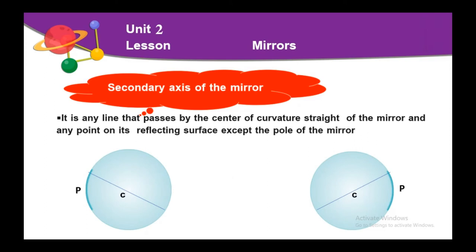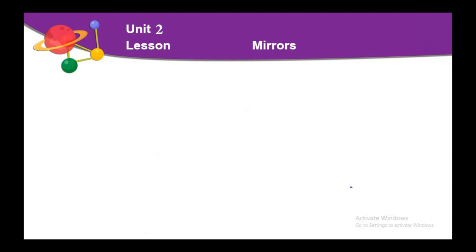Why? Because when it passes through the pole, it becomes the principal axis. How many secondary axes are there in the mirror? There are uncountable numbers of secondary axes, not only one as with the principal axis.